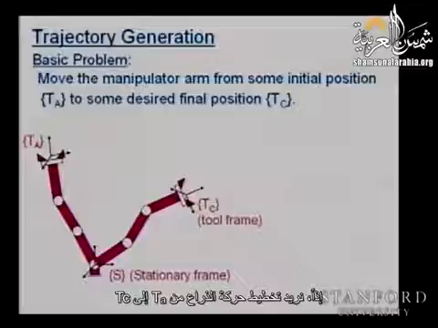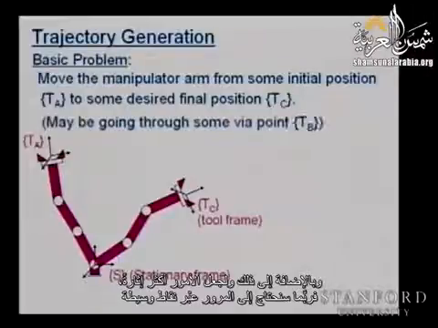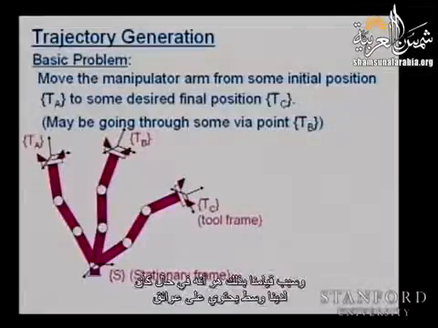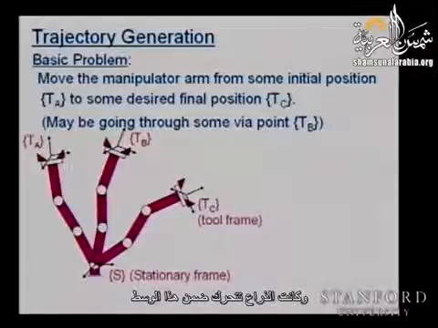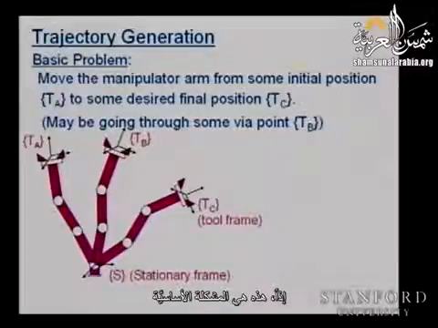So we want to plan a motion for the manipulator arm from T sub A to T sub C. In addition, to make things more interesting, we might have to go through some intermediate points, like for example T sub B, and we have that because if we have an environment with obstacles and the manipulator is moving in that environment, you want to make sure that you're avoiding the obstacles, in which case you're introducing intermediate points for the manipulator to move through. So this is the basic problem.